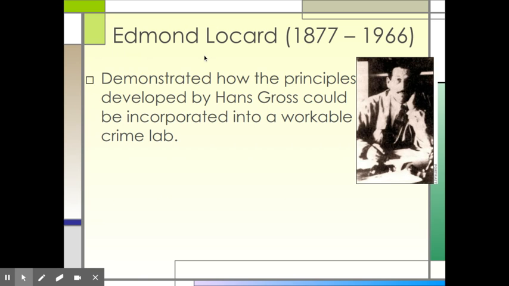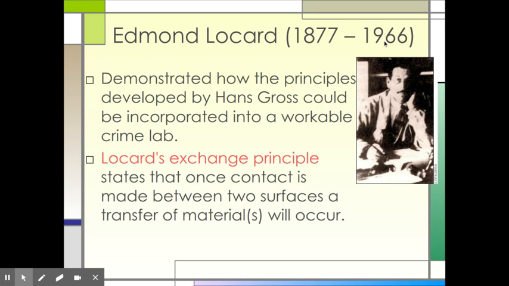This is the big one. Okay, Edmund Locard, 1877 to 1966. He demonstrated how the principles developed by Hans Gross could be incorporated into a workable crime lab. Edmund Locard is kind of responsible for the FBI crime lab, every single crime lab around the country. He developed the very first one.